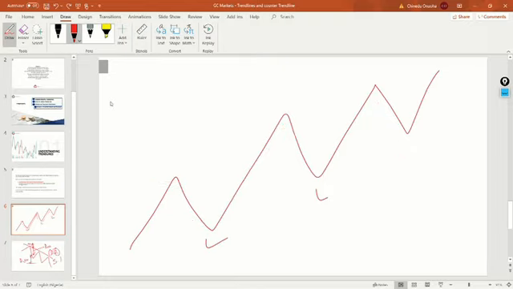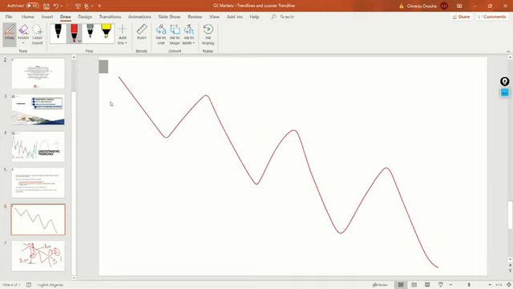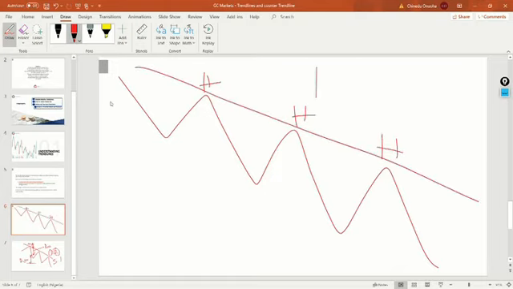But if it's in a descending market, that means a market that is coming down, we're waiting for these high prices, which in turn form a trend line that we can trade, and we want to be selling the high prices.